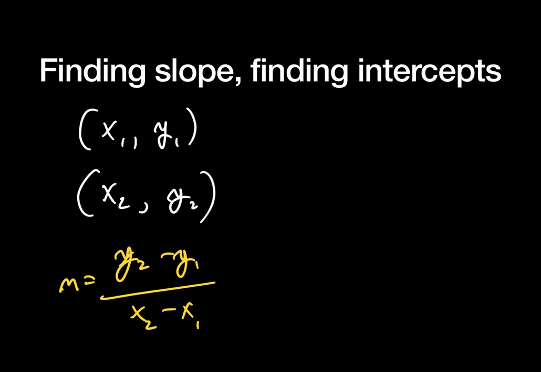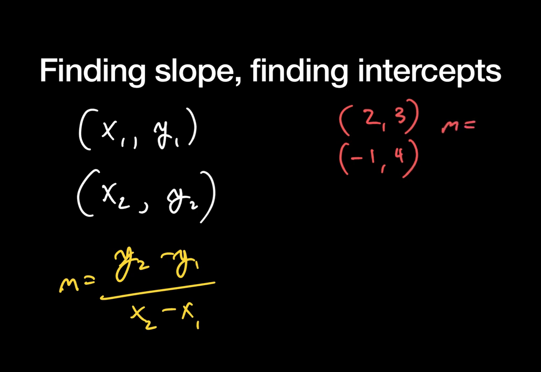And then finding intercepts, there will be examples where, so if I take a couple points here, let's just do a couple. If those are my points, I'm going to quickly find the slope.